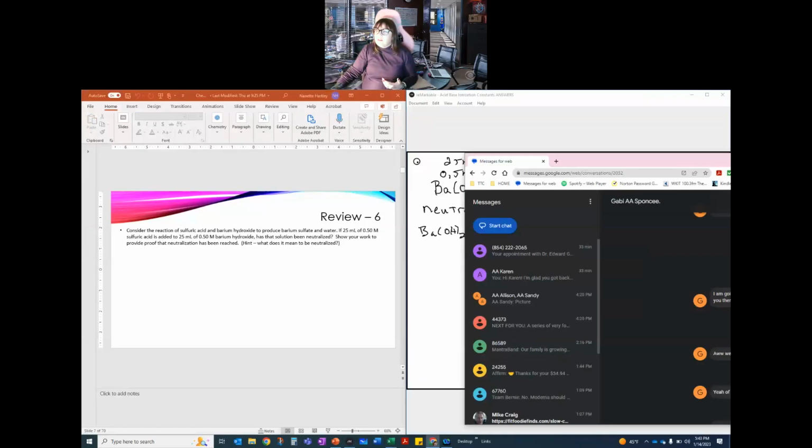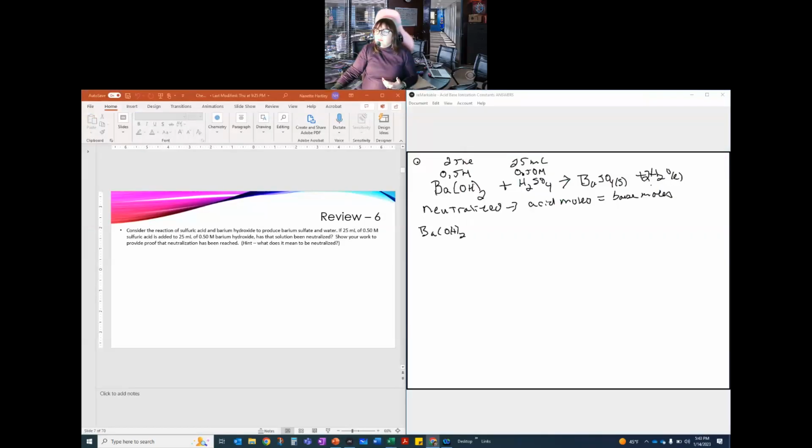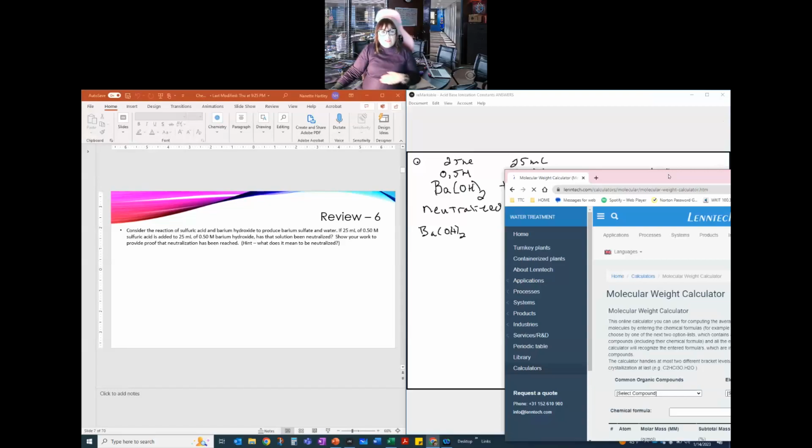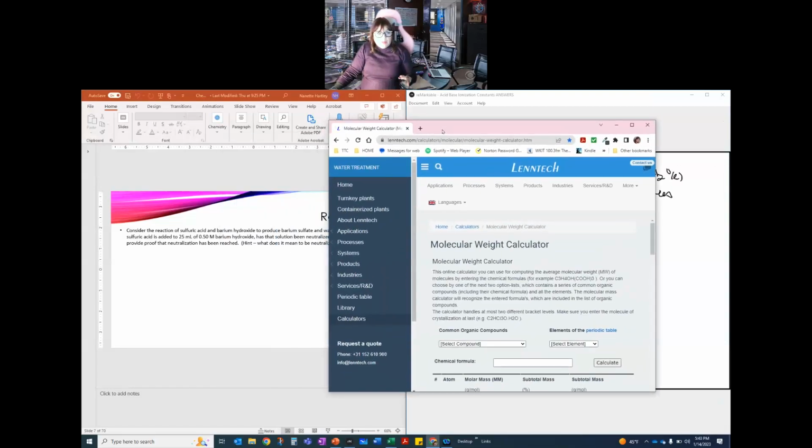One of the things that I need is a molecular weight. And what I'm going to do is pull up my cute little cheat sheet, because I've already calculated molecular weights 8 billion times, so I don't think there's any value to me in calculating them still.